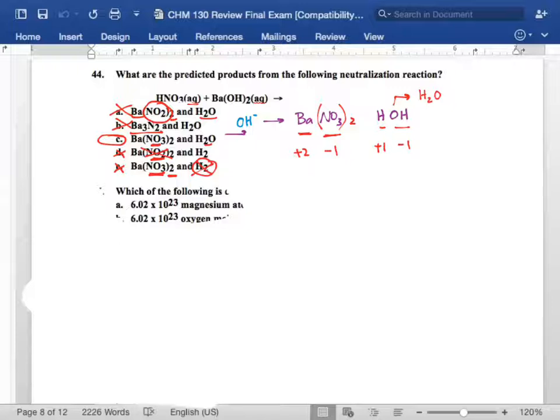Are all neutralization reactions double replacement? All neutralizations are double replacements. Acid and base produce water? Acid and base do not necessarily always produce water. I believe that is what our textbook says, which is wrong. But for the sake of this class and anything that I think you would see on the final, it's true, but it's a false statement.